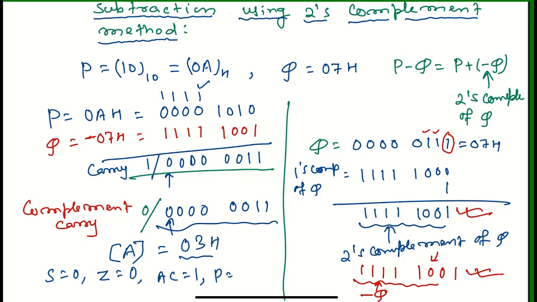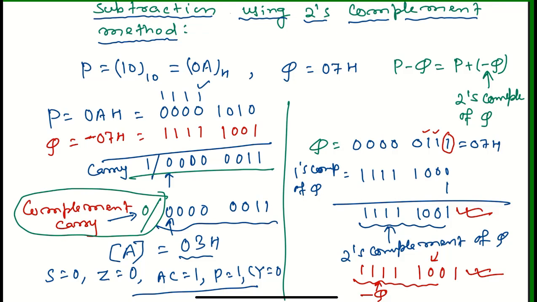The parity bit: if you see the result, there is an even number of 1s, so the parity bit will be 1. And the carry bit here will be 0. So whatever the status of the carry bit after complement, that is going to be updated as the effect over the flag. This is the main part which you have to consider.